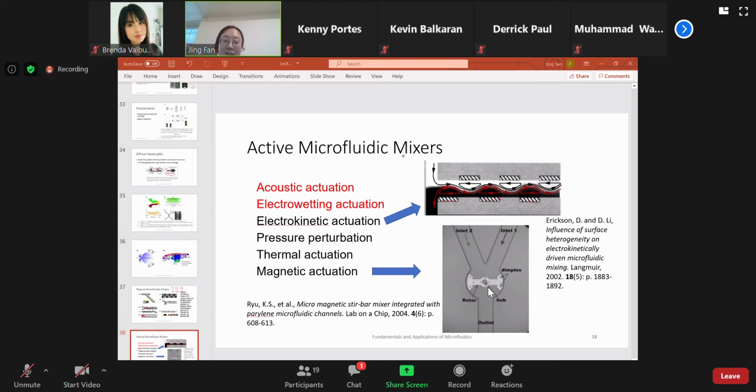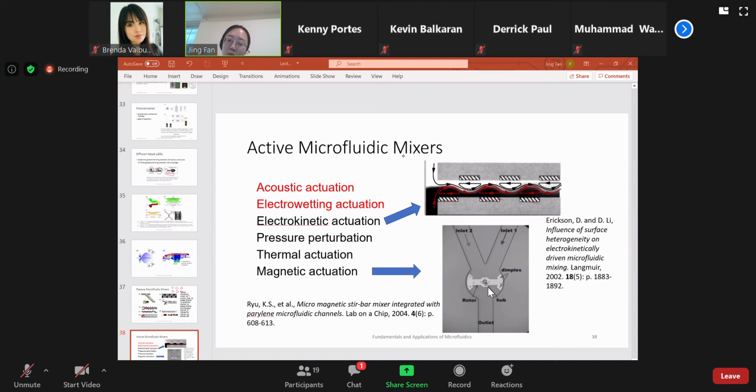If the pump is running in an oscillating manner, then the fluid flow in the channel is also not smooth. It will be activated and stop, activated and stop. So this type of oscillating pumping can apply an unsteady pressure perturbation for enhanced mixing.